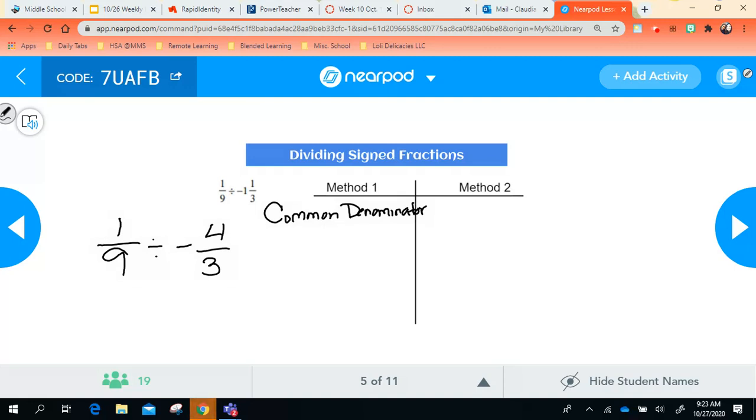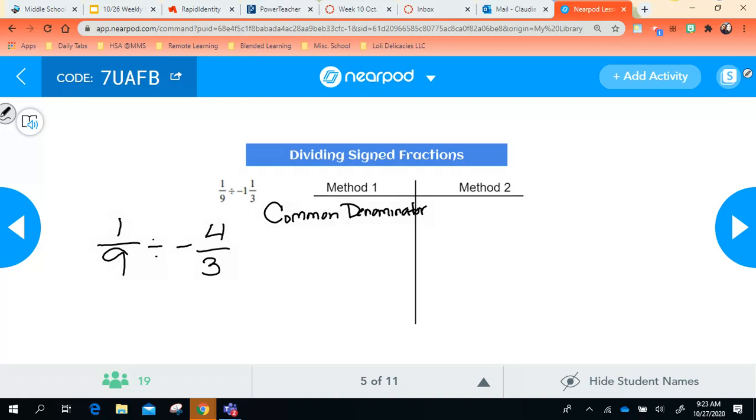So the first method is common denominator. This is also something that you can use your counting by sheet for. So that sheet that you got yesterday, this will be very helpful for this.